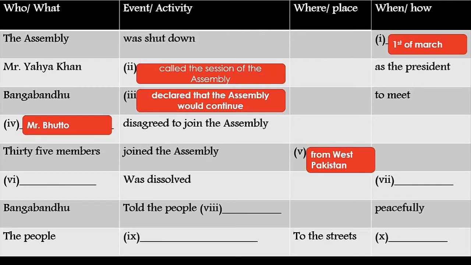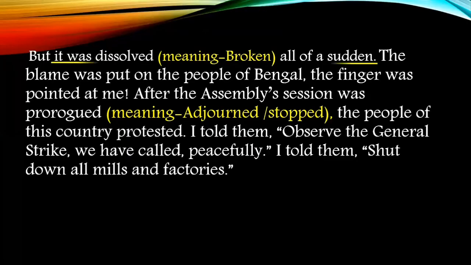Number 6 also needs the subject, and we have to find out the subject who did the activity of was dissolved. What was dissolved? We have to find out the answer, and in the same line we have another gap, and that is number 7. And when or how did it dissolve? So something was dissolved. Let's find out that line first. Yes, but it was dissolved or broken all of a sudden.